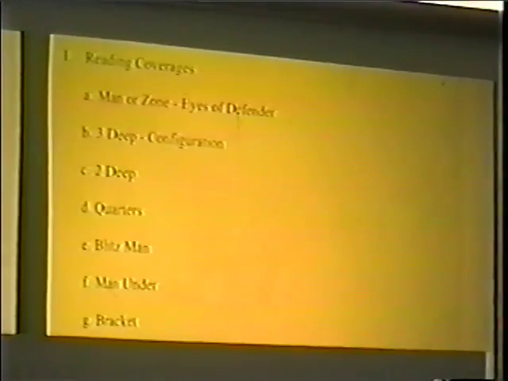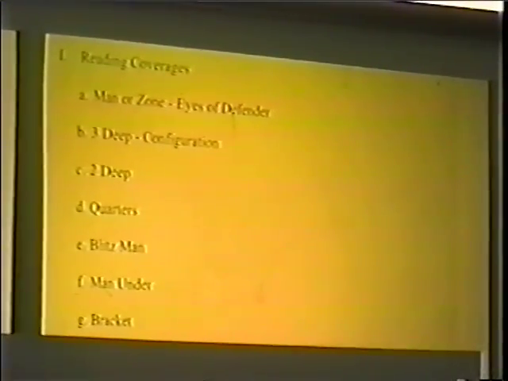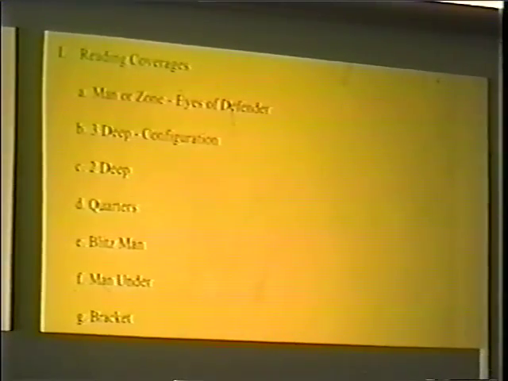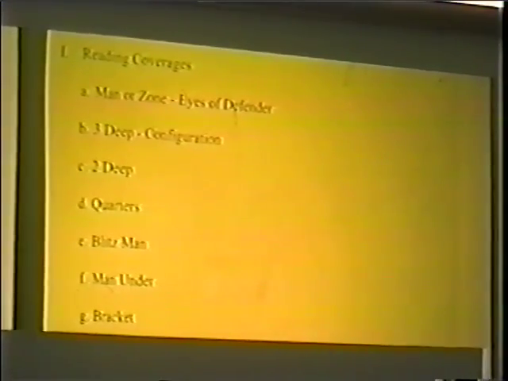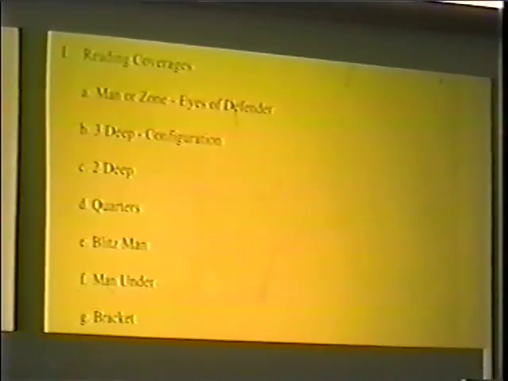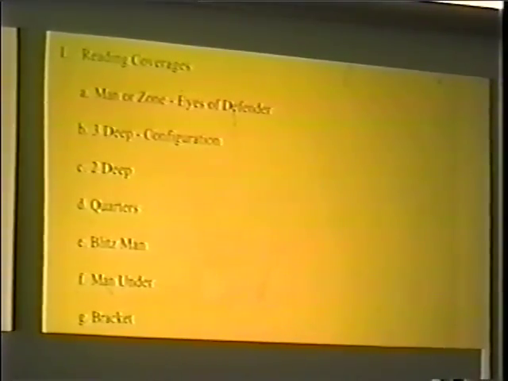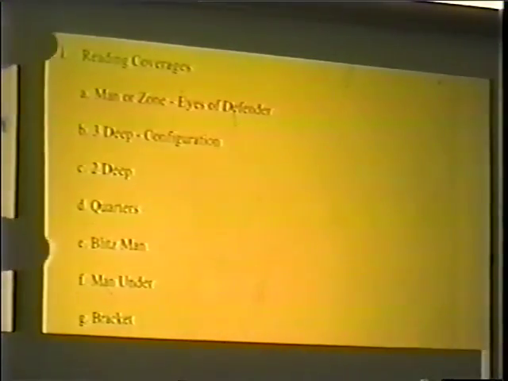Then you have the different configurations: a 3-deep configuration, a 2-deep configuration, a quarters configuration, blitz man configuration, man under configuration, and bracket would be way down the line. The quarterback is going to have to know the configuration of all 4 defensive backs. Receivers are going to get the configuration of the 2 defensive backs to their side, plus the other one on the opposite side to confirm that look.